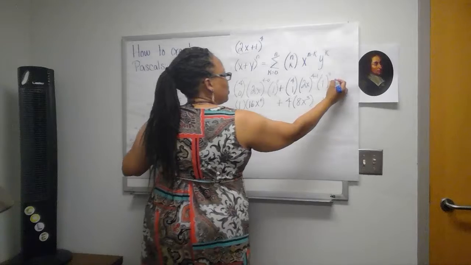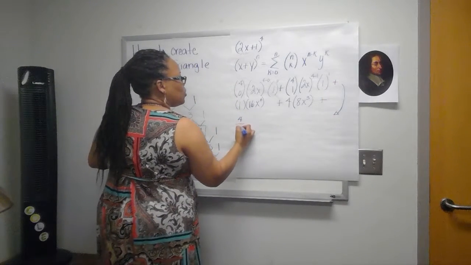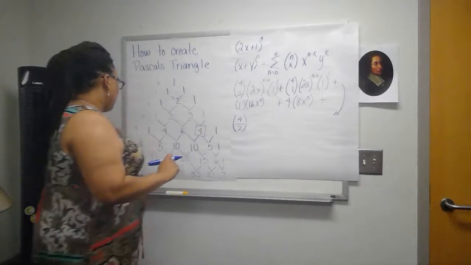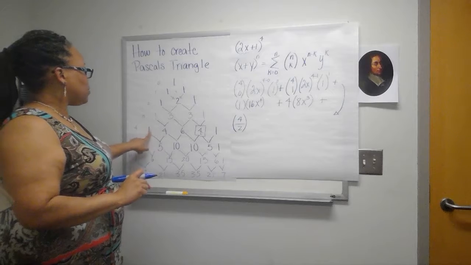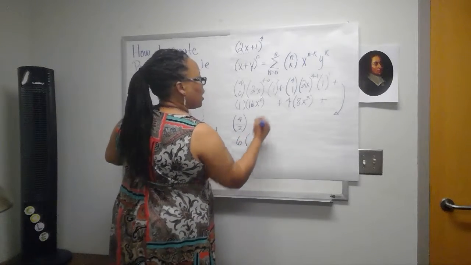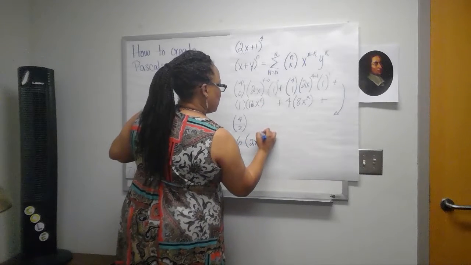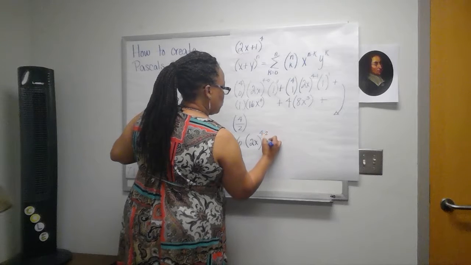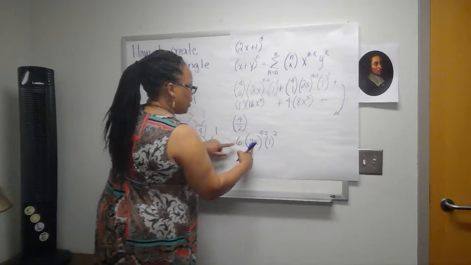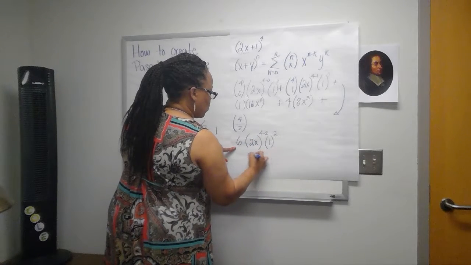Now we add, and I'm just going to bring that down here. 4 choose 2. Remember 0, 1, 2, which is 6 times 2x to the 4 minus 2 times 1 squared, which will give us 2 to the 2 is 4x squared.